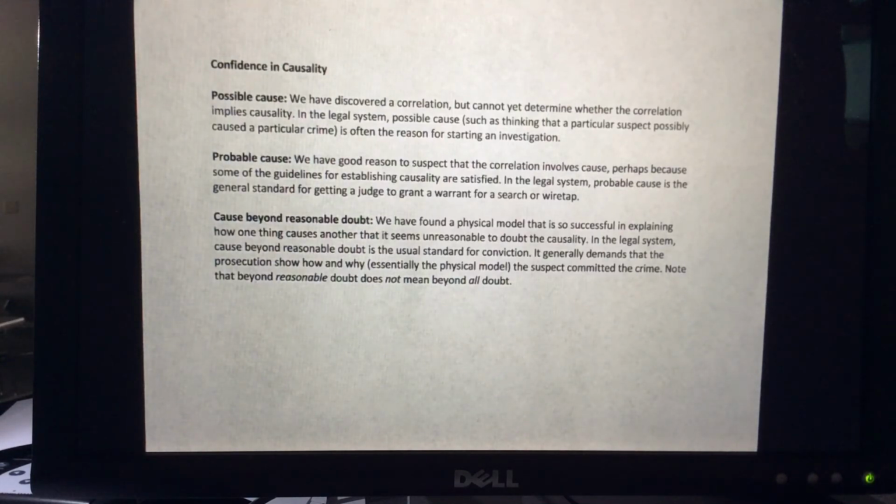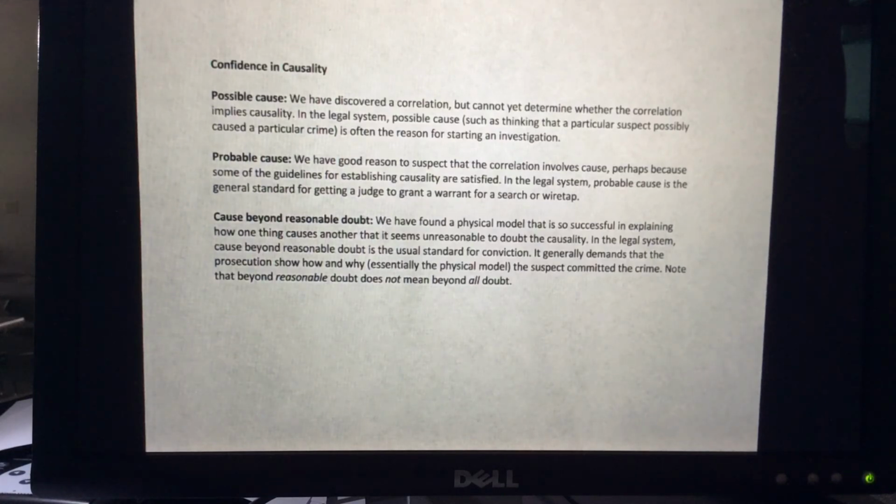Cause beyond reasonable doubt means we found a physical model that is so successful in explaining how one thing causes another that it seems unreasonable to doubt the causality. In the legal system, cause beyond reasonable doubt is the usual standard for conviction.